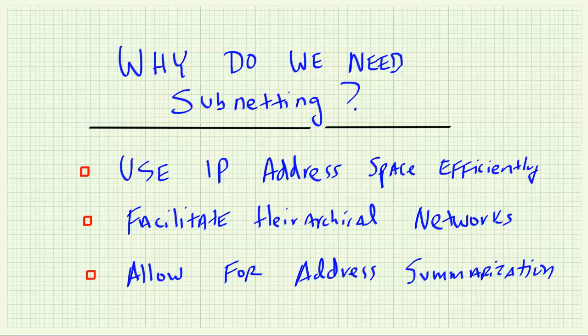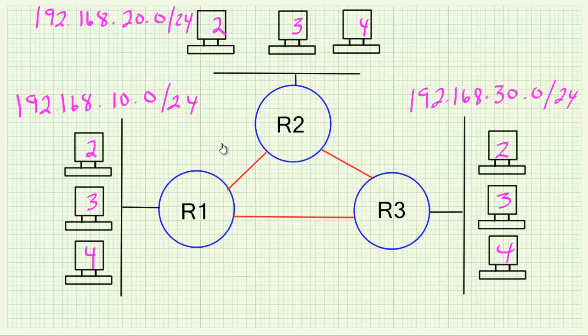So let's get into this first idea of using the IP address space efficiently, and let's find out what does that mean. We have seen this diagram before in one of our previous presentations, and I'd like for us to go back to it and spend just a minute or two reviewing what we're seeing here.